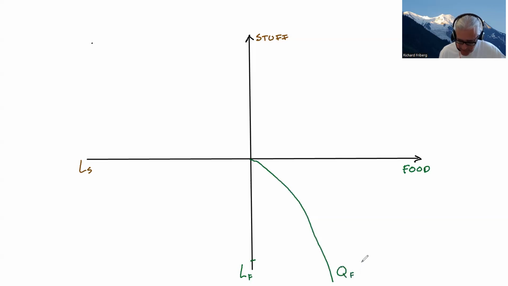Quantity of food that's produced depends on J, which we used to denote the amount of land, and LF, the amount of labor used in production of food. Okay, so if everyone is working in production of food, they're going to be producing this much food. Okay, tons, kilos, whatever.